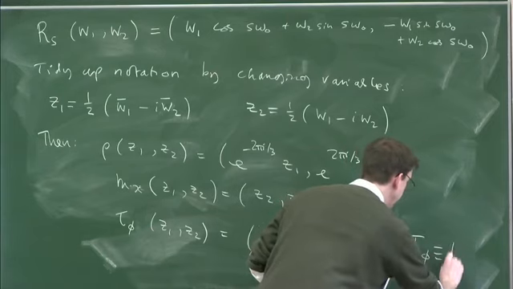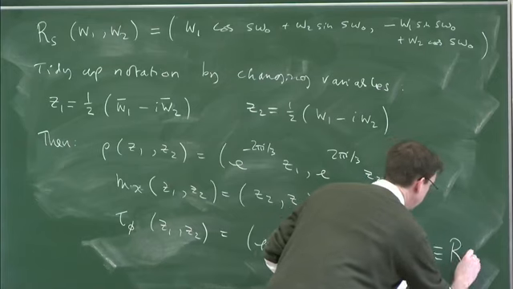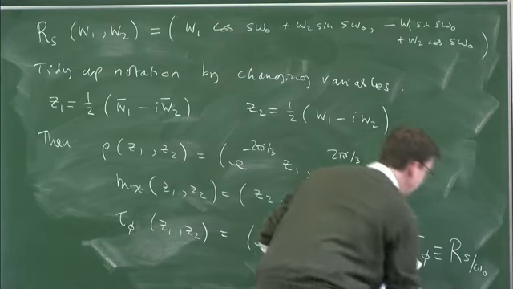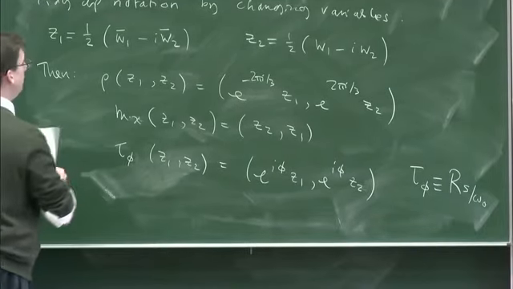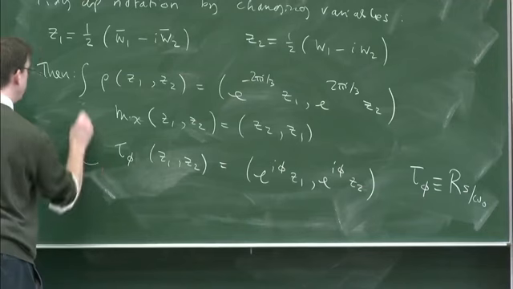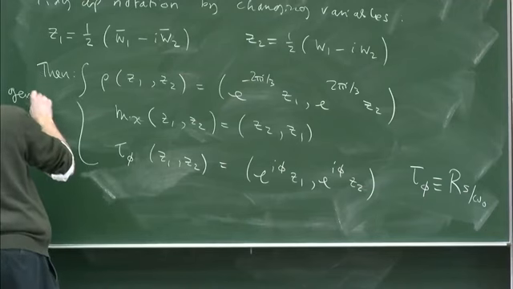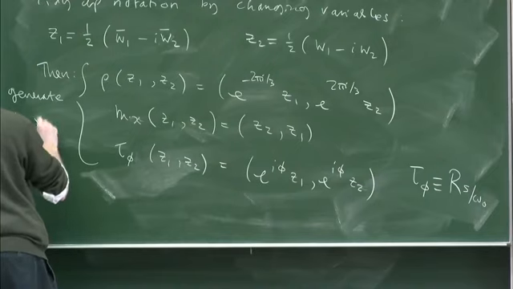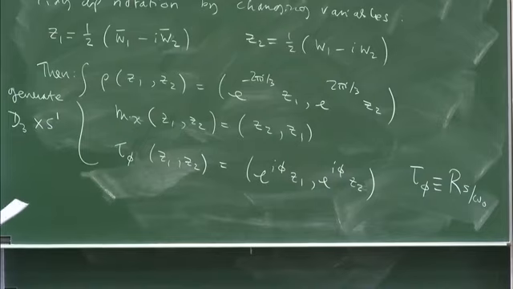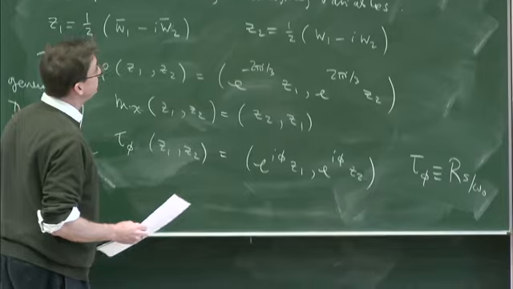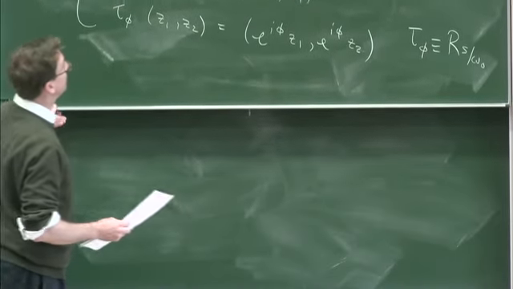So theta phi is exactly the same as rho. So these things generate an action of D3 cross S1. This is just a tidied up version.